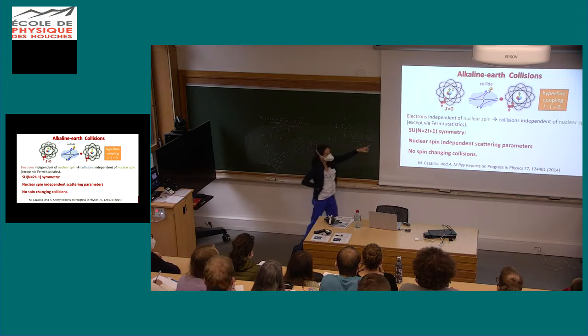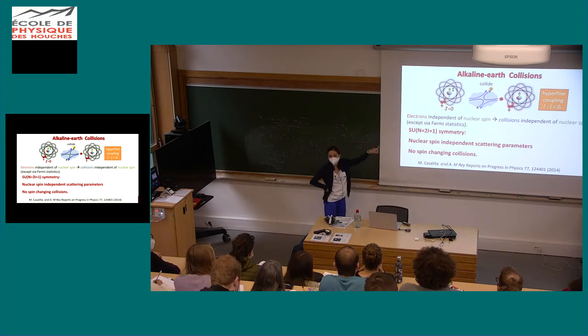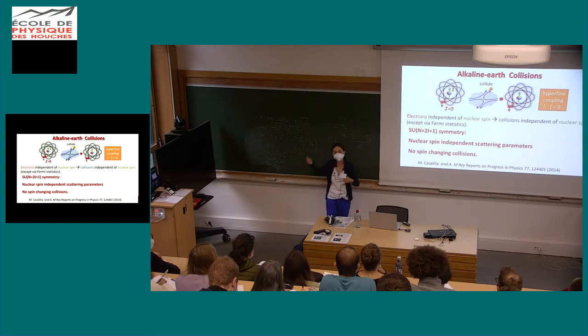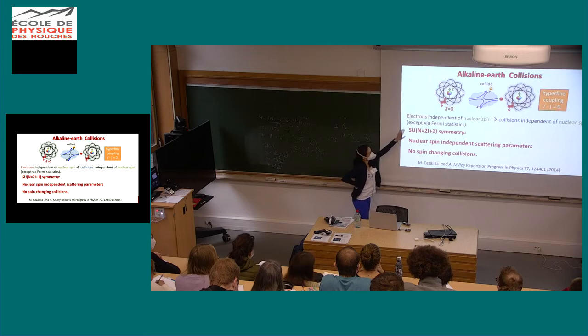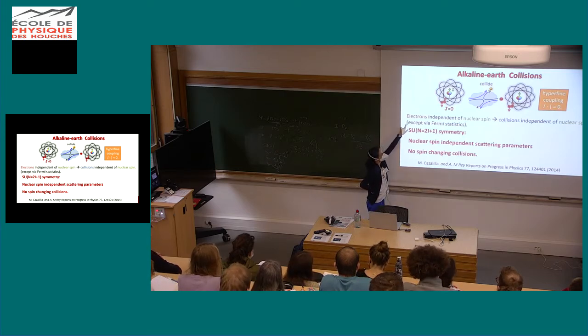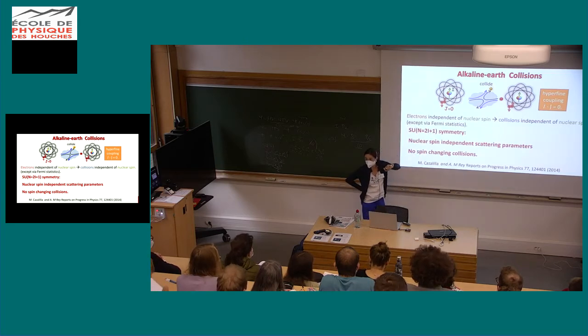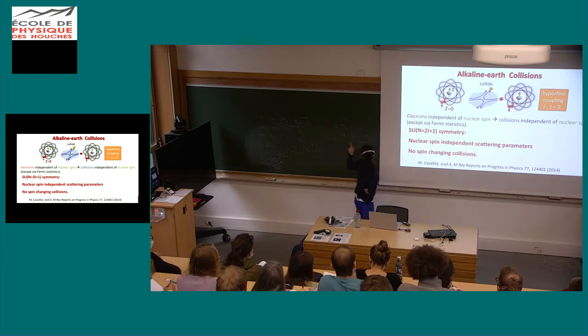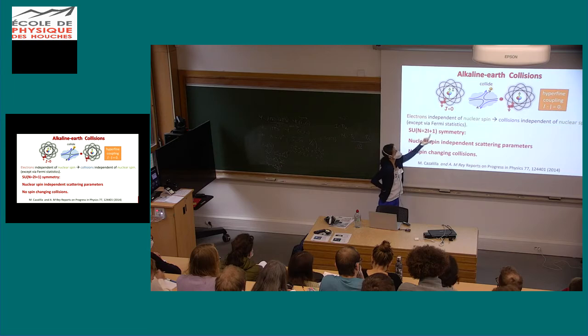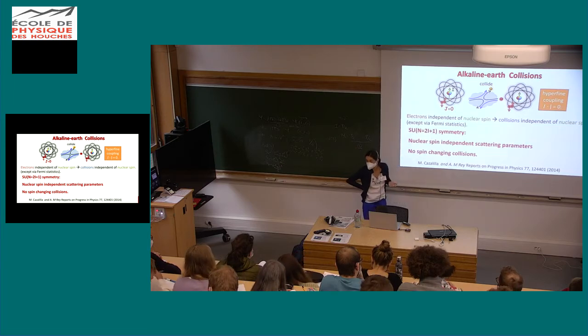In this case, I dot J is equal to 0, there is no hyperfine coupling, and therefore the electrons, which are the ones that determine the collisional properties, are the only ones that participate. Therefore, we have the characteristic again that in this case the nuclear spins do not participate in the collision except via the Fermi statistics. So this gave rise, like in the case of SU(2), to SU(N) where N is equal to 2I plus 1. For example, it's going to be 10 for strontium.